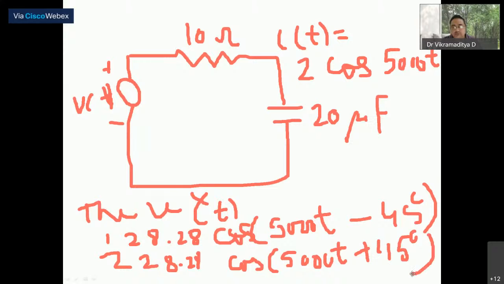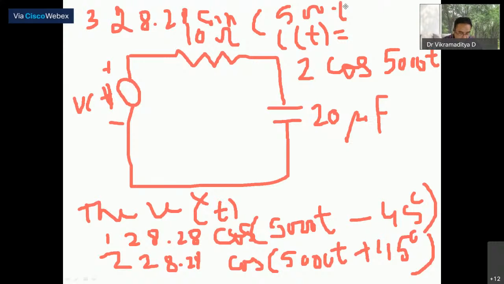And the third option which I am writing here is 28.28 sin(5000t − 45°) volt, bracket close.